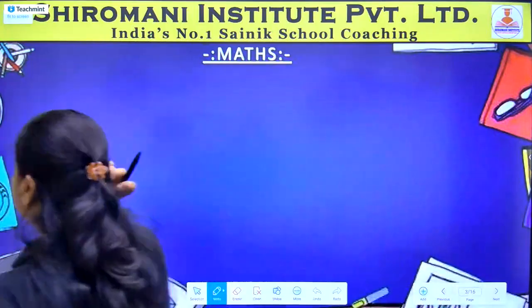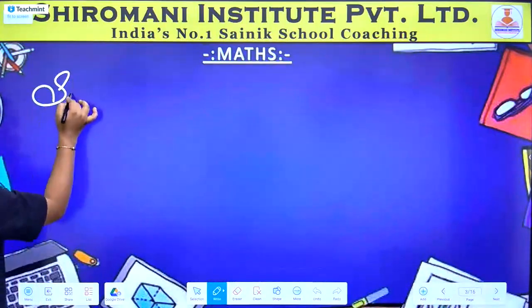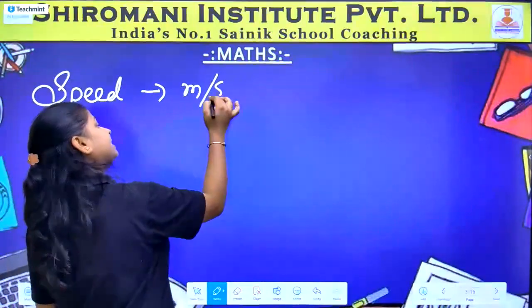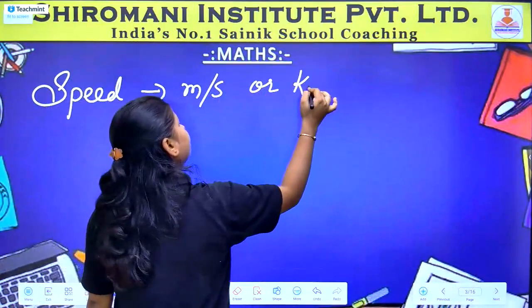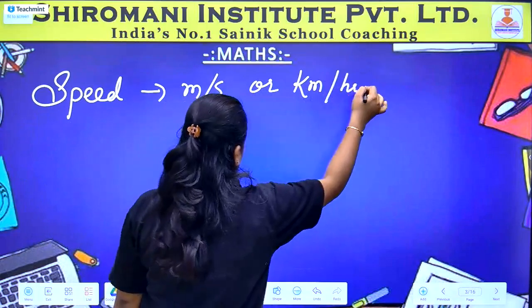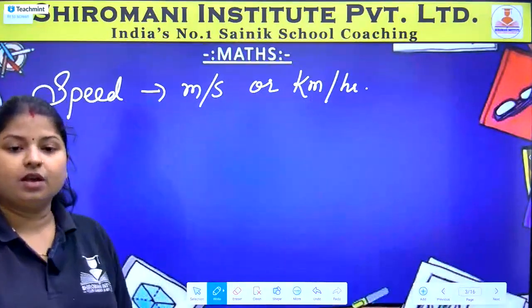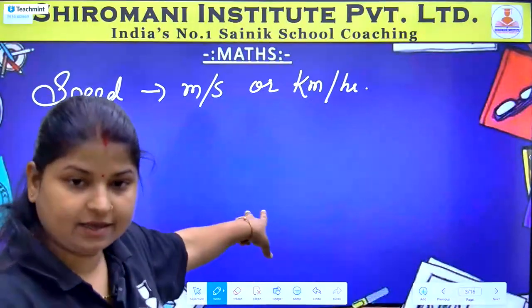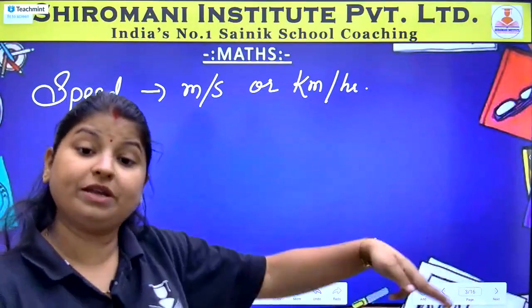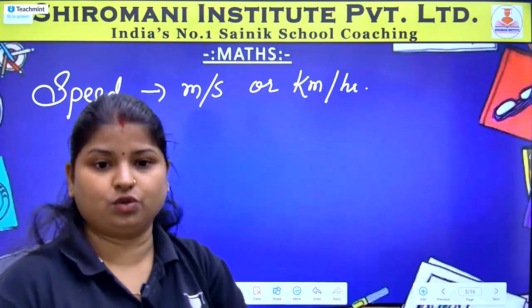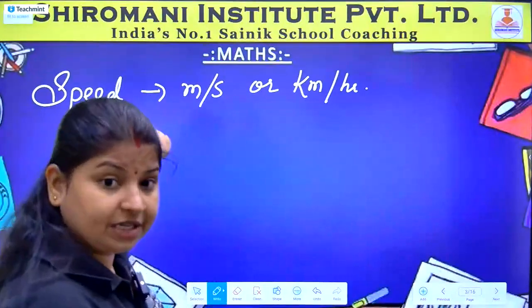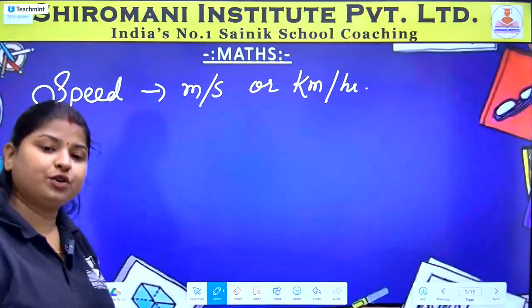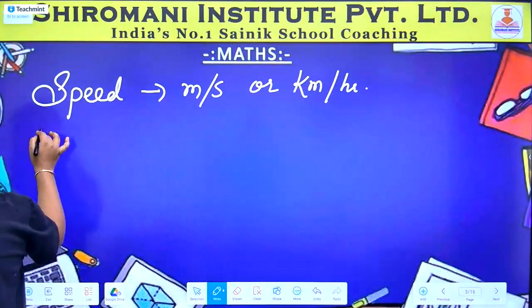Now, I told you that speed should be either in meter per second or kilometer per hour, right? Suppose you got your answer in meter per second and the options are in kilometer per hour. So what will you do? You will convert that meter per second into kilometer per hour. And how you have to do it? Let us see that.